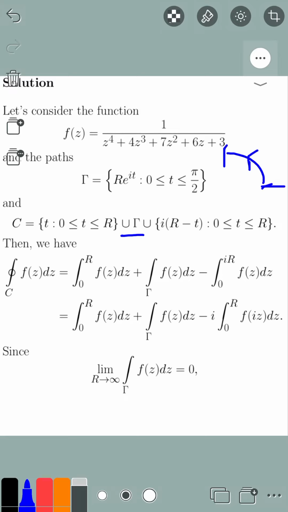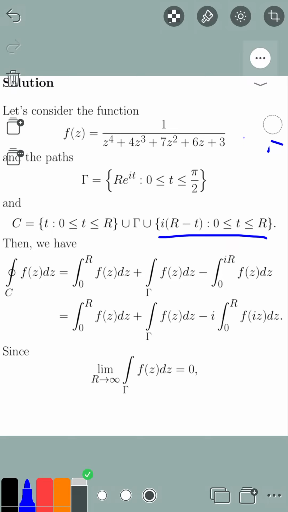The direction is also important. And then the last part is i times (r minus t) for t from 0 to r. When you plug in t equals 0, you get ir. When you plug in t equals r, you get i times 0, which is 0. So it is a vertical line on the imaginary axis going down from ir to 0.